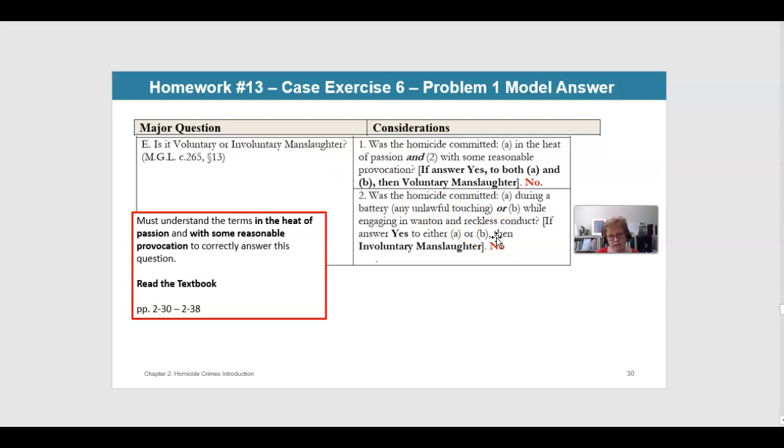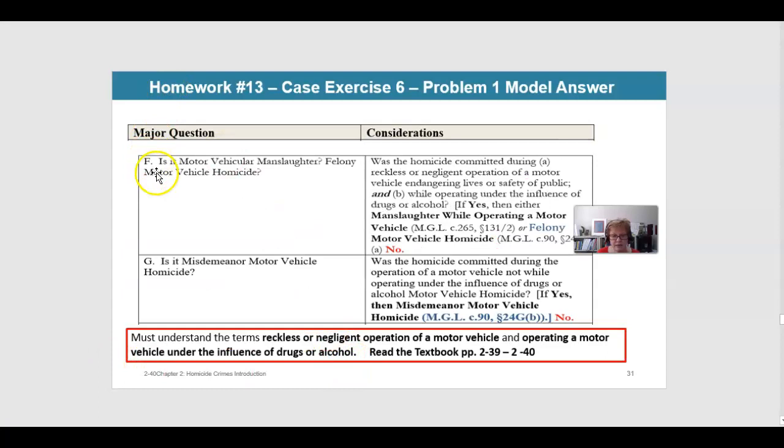It asked you to look at which was the type of homicide that you would select. Moving on, again, questions F and G do not apply. There was no homicide committed with a motor vehicle, so those questions do not apply.